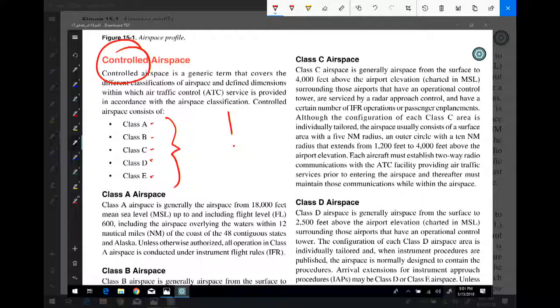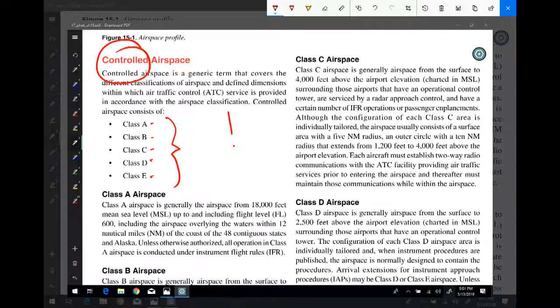Okay? You're going to need to know those airspaces. You're not going to need to necessarily know all of the operating limitations within those airspaces, but I want you to know, if I ask you, give me examples of controlled airspace, this is what I expect you to tell me.